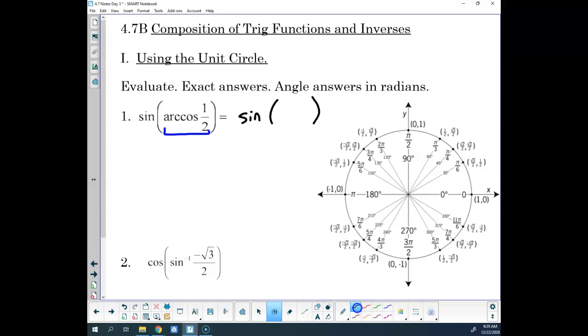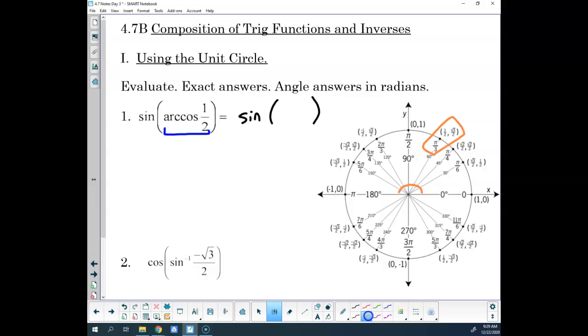I need to find the arccosine of 1/2. Again, I'm looking at the top half of the circle, and I want to know where the x value is 1/2. That happens right here at π/3.